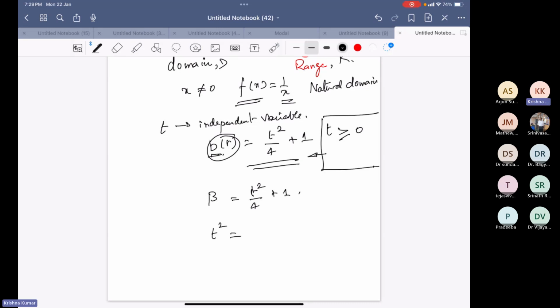Then we know, if you manipulate it, t squared is equal to 4 beta minus 1, and t is equal to root of 4 beta minus 1, so root of 4 into beta minus 1.